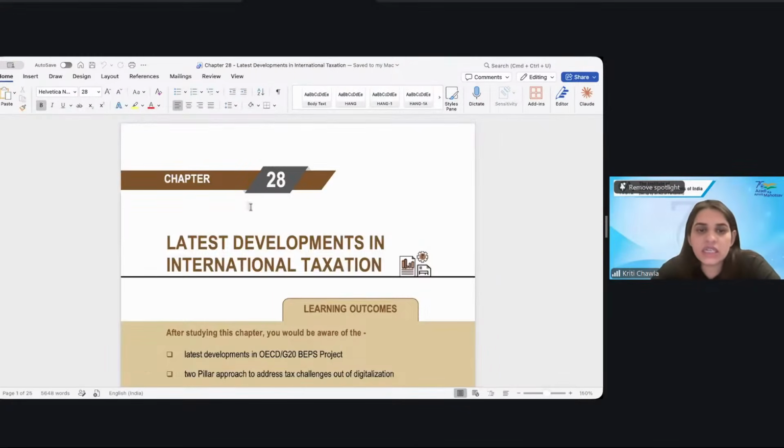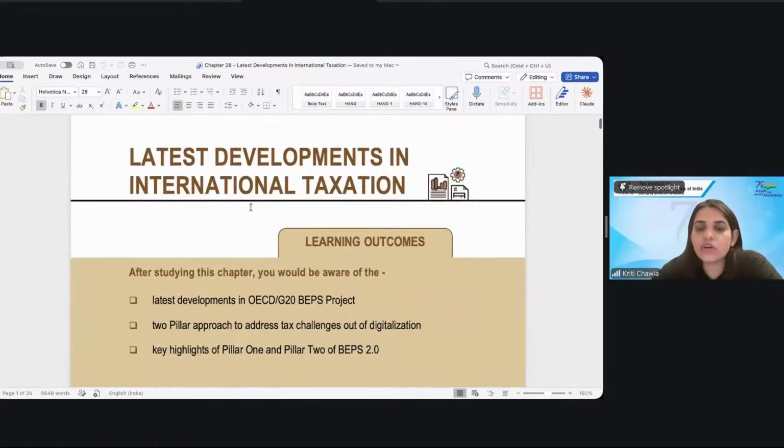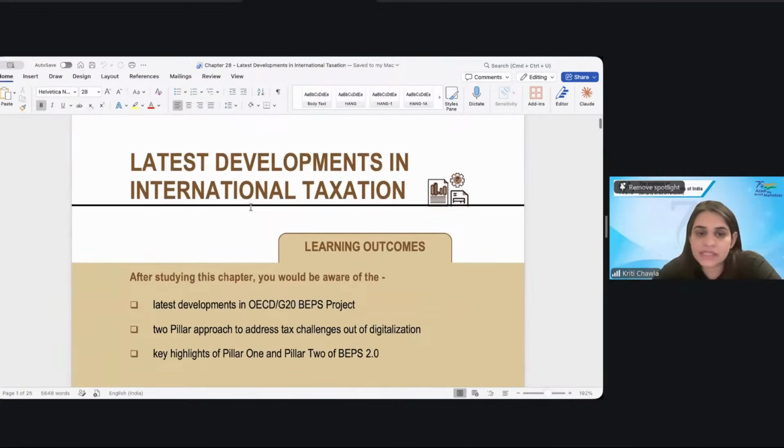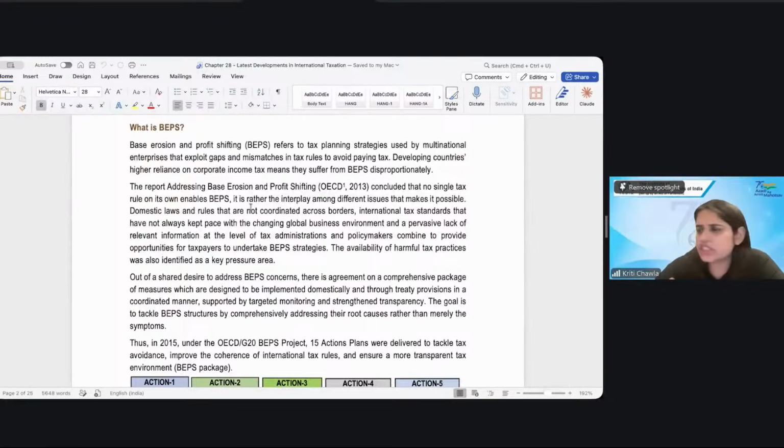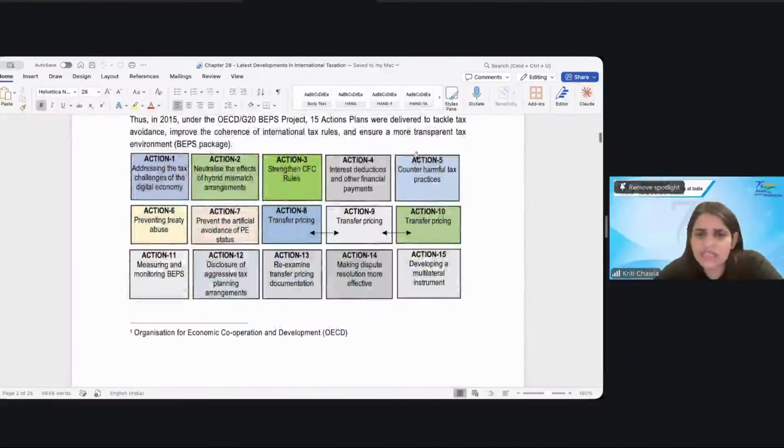So if you can see, this is chapter 8 on latest developments in international taxation. This is where the chapter starts with defining something called BEPS. This is something that we've already discussed, and these were the action plans that we were talking about. Action plan 1, action plan 2, and so on till action plan 15.